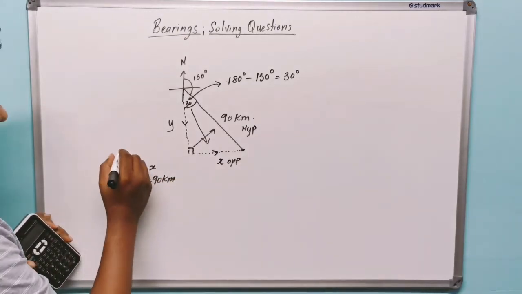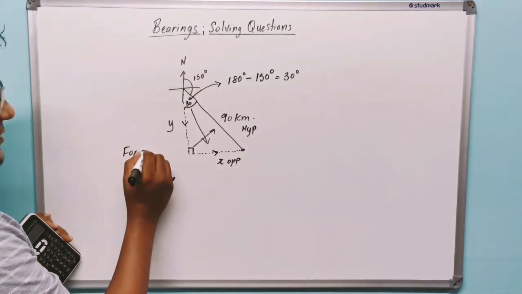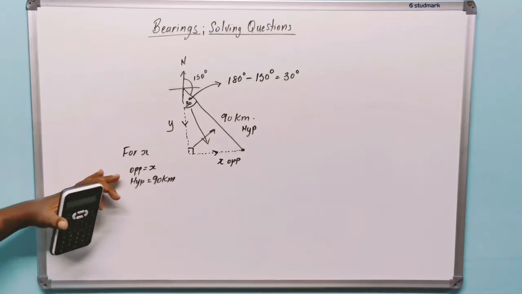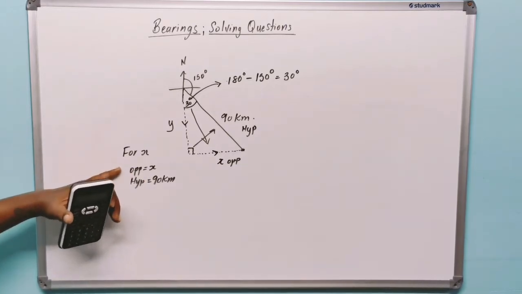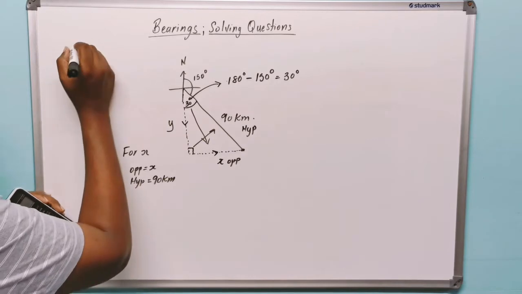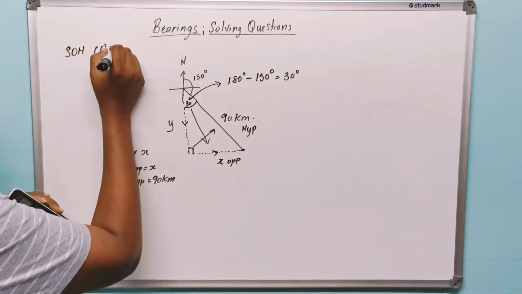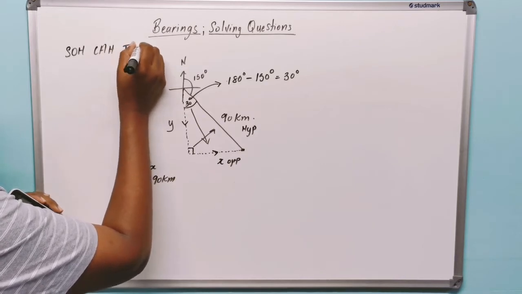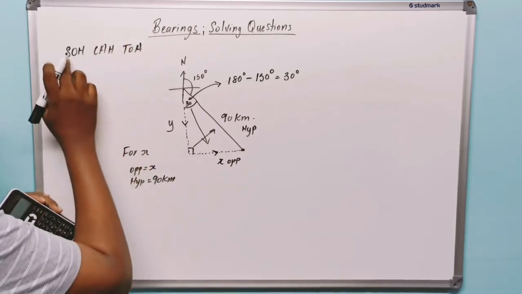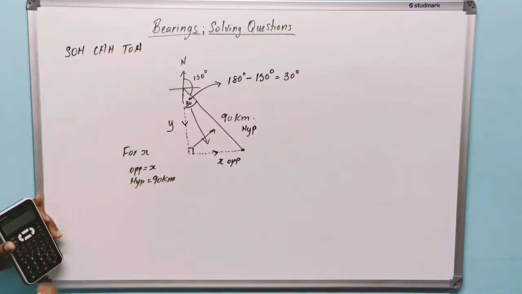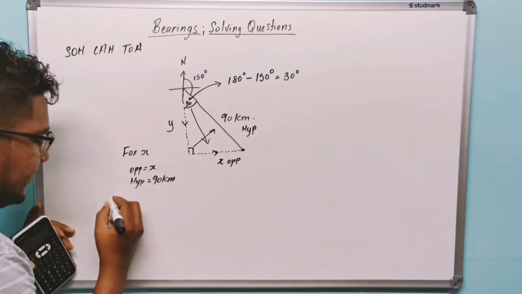So let me write x up here. Now, which one of our ratio carry opposite and hypotenuse? Let me just put a refresher. SOH, CAH, TOA. So opposite and hypotenuse is in sine. So for this, we're going to use sine.